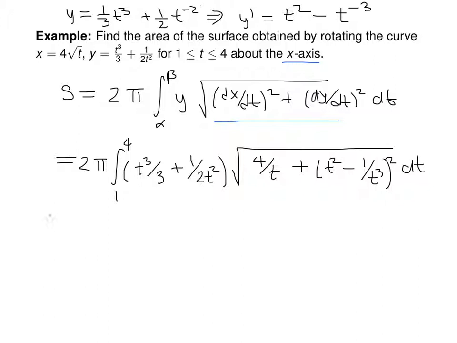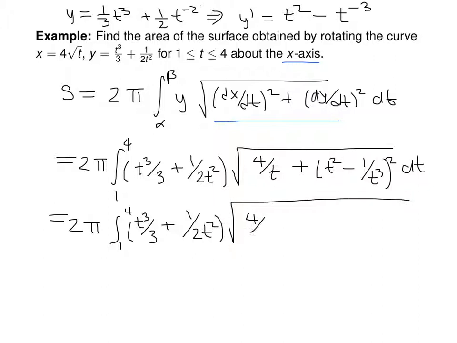Actually, well, let's try. So 2 pi integral 1 to 4 of t cubed over 3 plus 1 over 2t squared, the root of 4 over t plus t to the 4th minus twice t squared times 1 over t cubed, and then plus 1 over t to the 6th. Actually, this does work out pretty nicely.